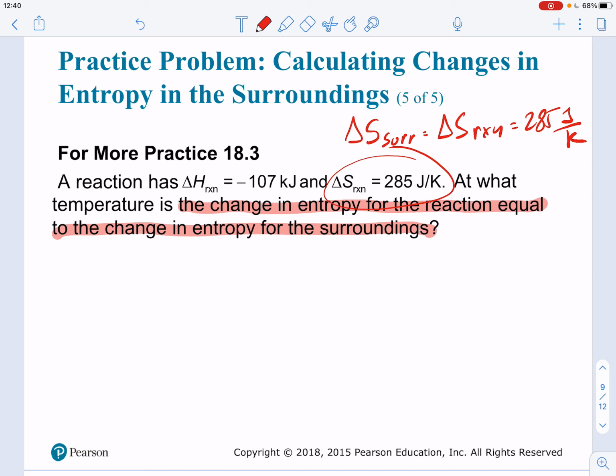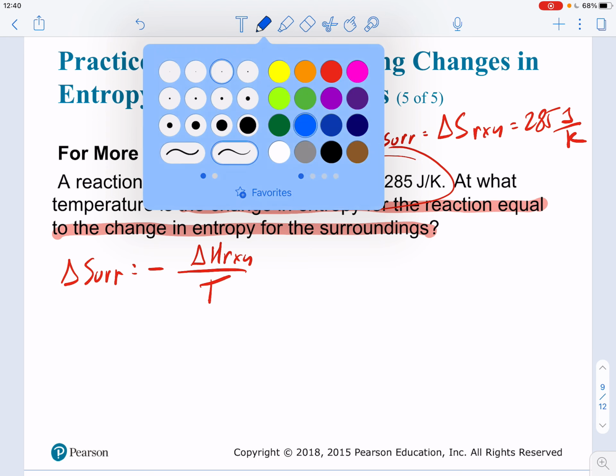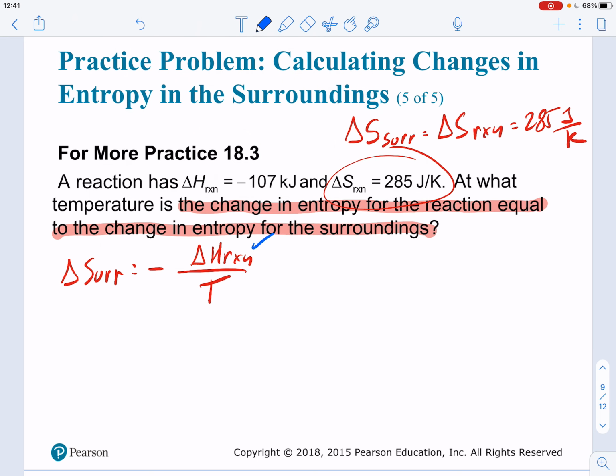However, we want to know at what temperature that happens. So for that particular reason, we have to remember what our question is, correct? The change in entropy for the surroundings is equal to minus delta H of reaction over T. So technically, we have the enthalpy of the reaction and we have the change in entropy for the surroundings, because we already said that the value for the change in entropy of the surroundings has to be 285.